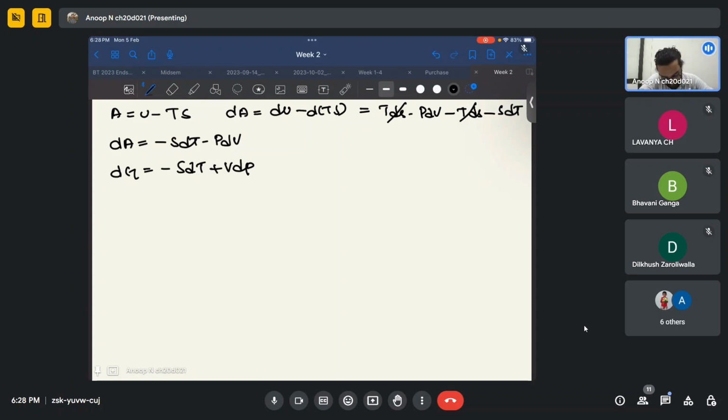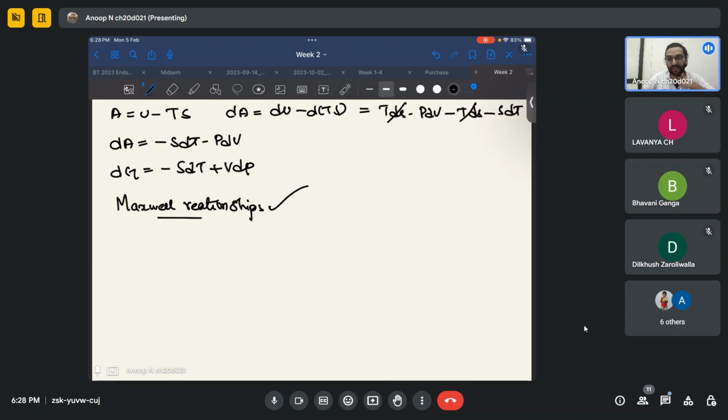How many of you remember something called Maxwell relationships? How many of you know the Maxwell relationships? Why do we use these Maxwell relationships in thermodynamics?